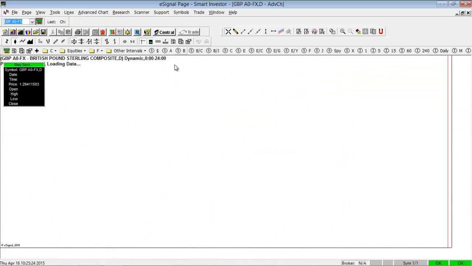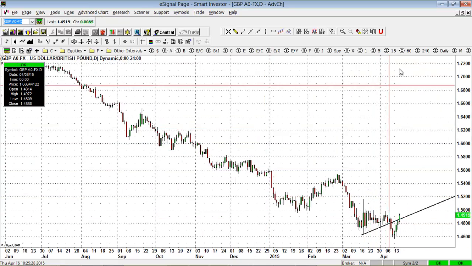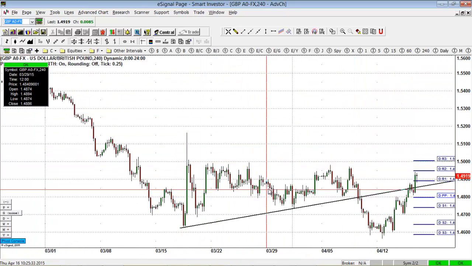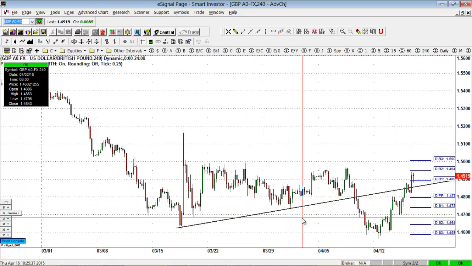Looking at the British pound, the market broke out of this wedge pattern here and broke down, made a new low here, and this market is retracing back up now.